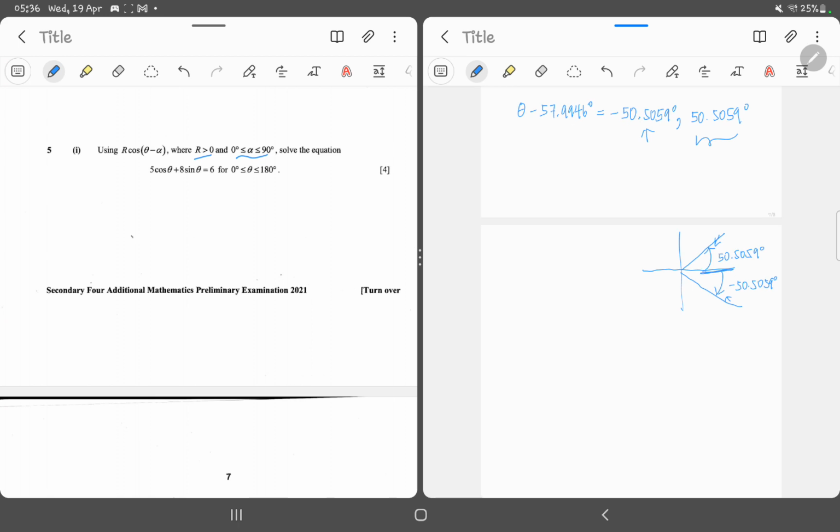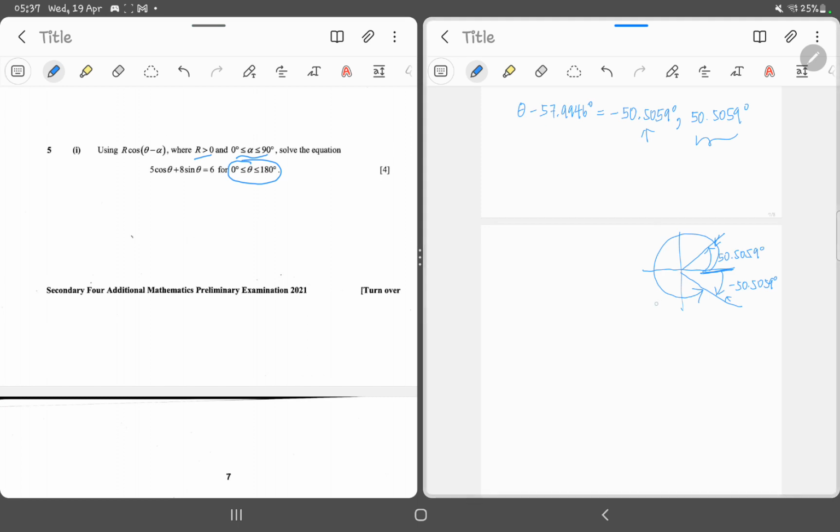The reason why I did not take the angle from here to here, which is also another possible angle, is because theta is between 0 degrees and 180 degrees inclusive.